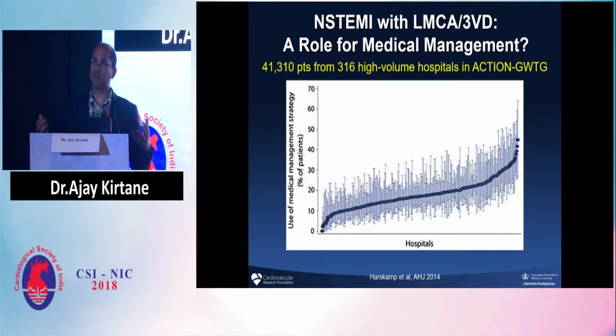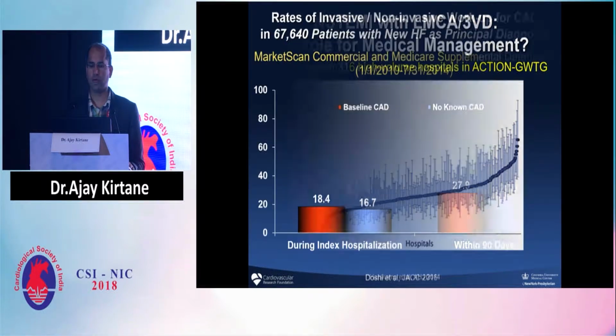You would think that there are some patients, maybe very elderly or frail, that really ought to have medical therapy, and that's fine. But on the right of the slide, you see there's some hospitals that treat medically these patients with non-STEMI left main three-vessel disease diagnosed at cath 30% of the time. That is way too high, and there's variability because, for the exact reason that Ramesh mentioned, people say avoid these patients and don't necessarily treat them because they're too high risk.